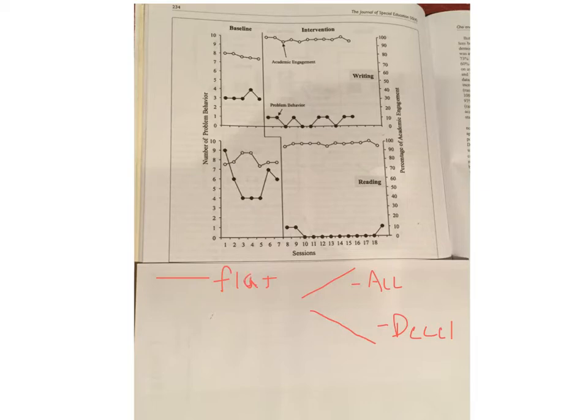So when we look at the trend of the academic engaged scores, if you again were to draw a line to try and connect the first score to the last score, you would essentially have a straight line. So in general, it would be safe to say that the academic engagement scores in the baseline condition show a flat trend.